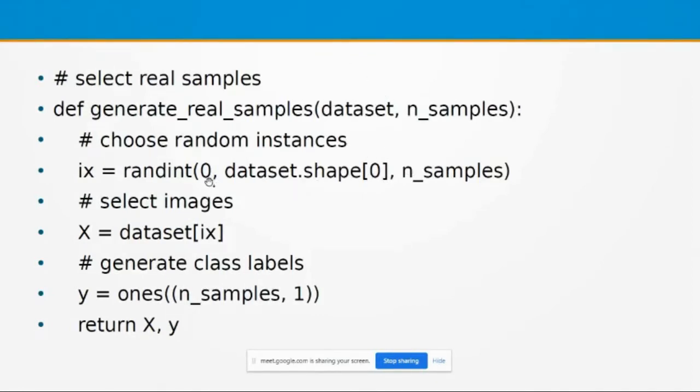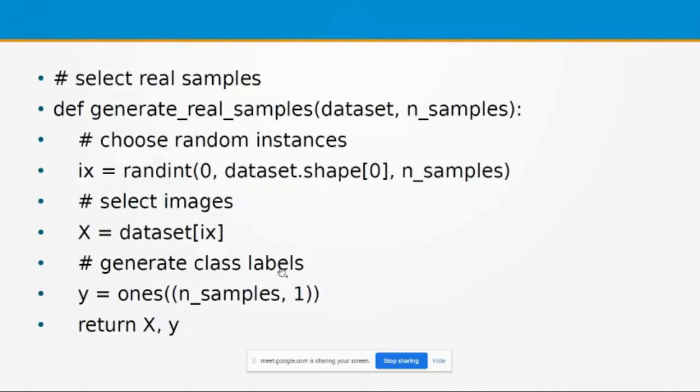From this interval, it selects n_samples randomly, and these index values are now available in ix. Then based on those index values, we select the corresponding images, and these images are stored in X. With these two statements, we generate a batch of real images, and that batch contains how many images?